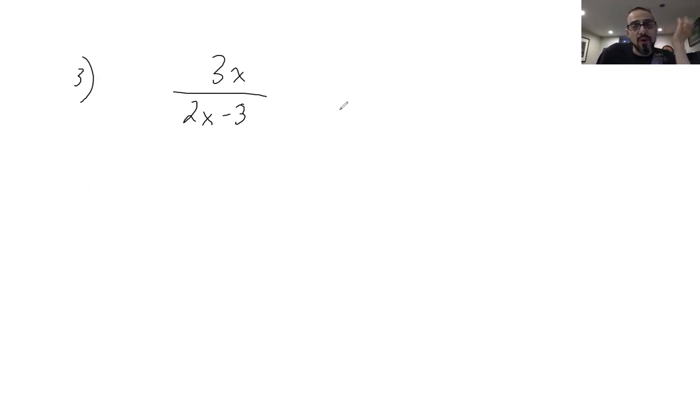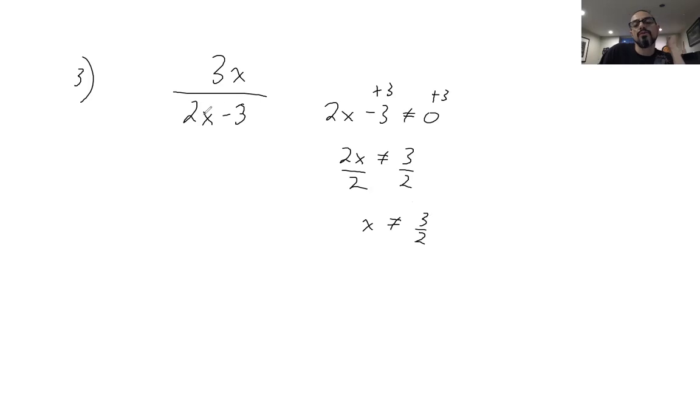If we follow that procedure where we take the denominator, we say 2x minus 3 can't equal 0, and then we isolate x. So I'm going to add 3 to both sides, leaving me with 2x can't equal 3, and then dividing both sides by 2, x can't equal 3 over 2. Okay, so boom, there's your non-permissible value for this example right here.